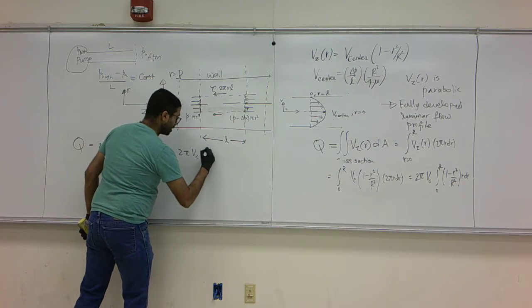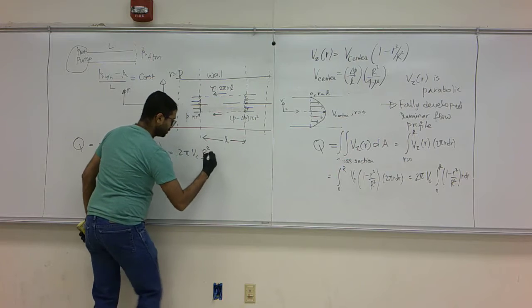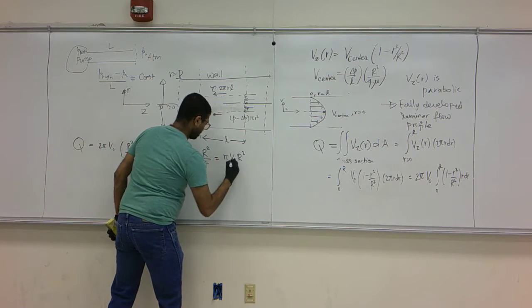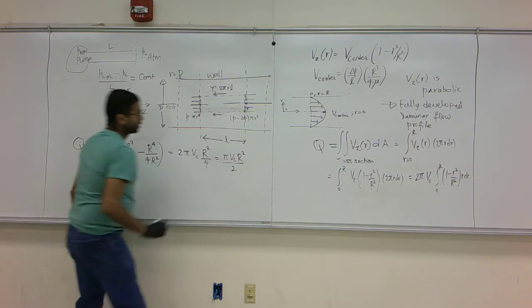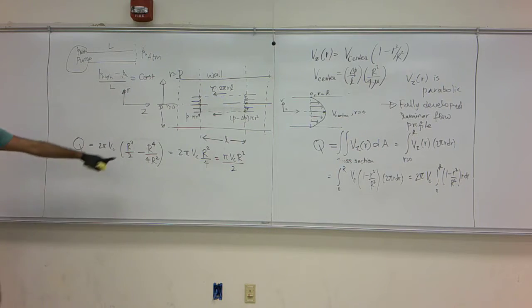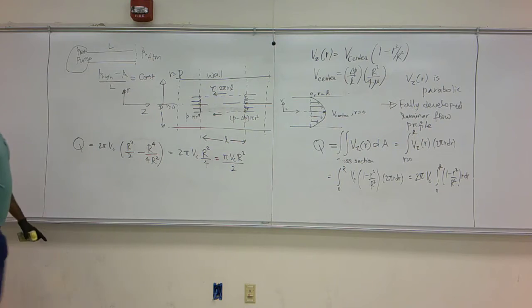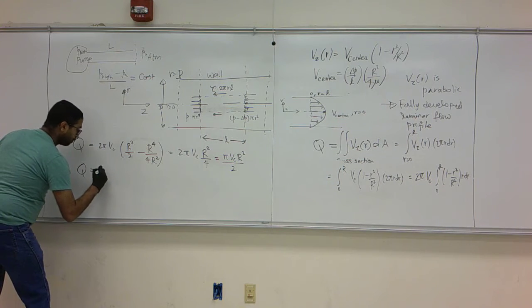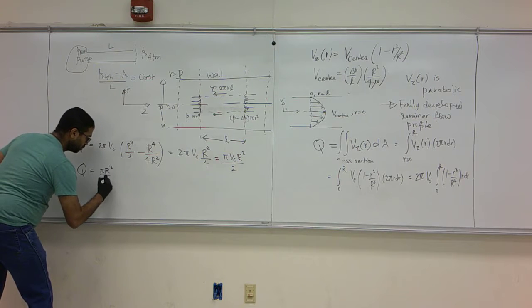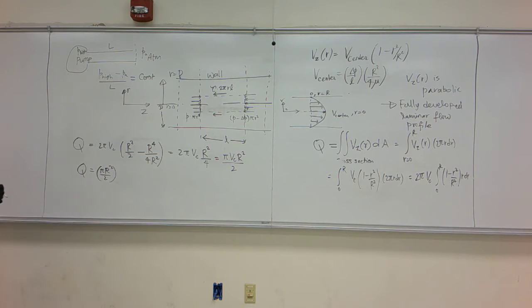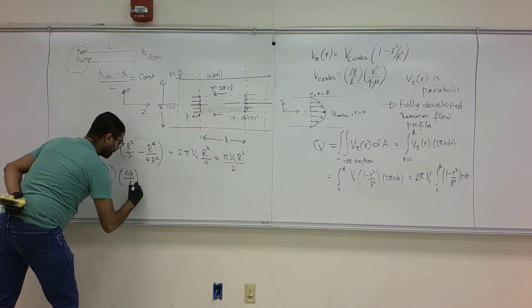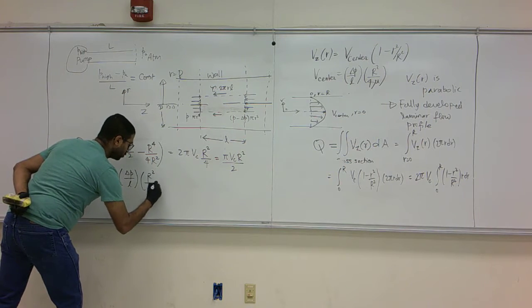Times r squared over 4, or pi Vc r squared over 2. So Q is equal to pi Vc times r squared over 2, except my Vc is pi r squared over 2 multiplied by Vc, which is delta P divided by L times r squared over 4 mu.